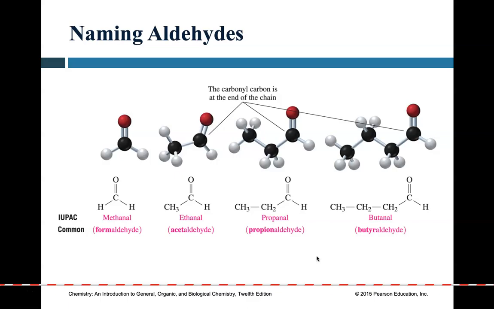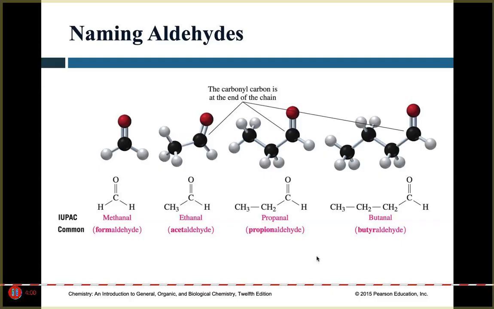So this is what we have here. I've given you a couple of names with the common and the IUPAC name. So again, if we had something that was one carbon, we know that would be methane. Replace that last E with al, and that's exactly what we have, methanal. That's the IUPAC name. Most people have probably heard this as formaldehyde, and probably in high school you know what this smells like.